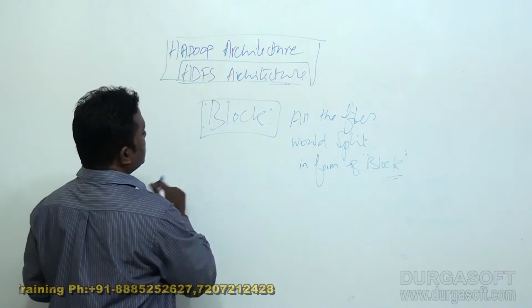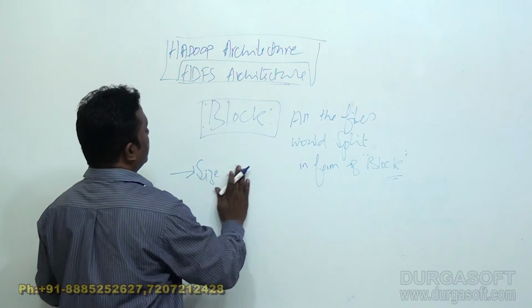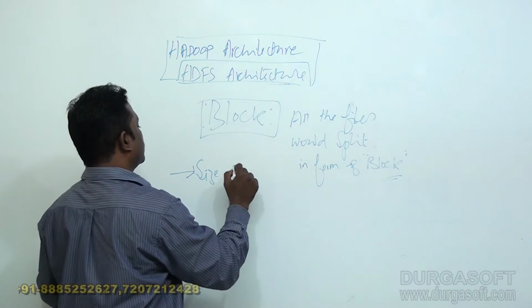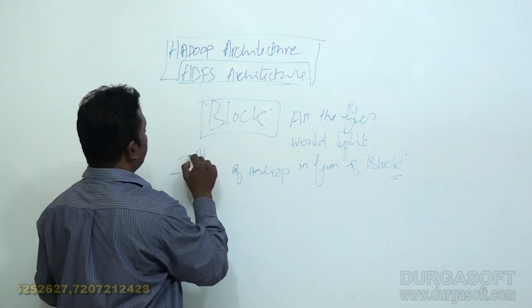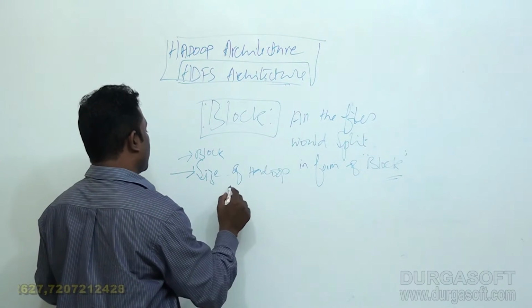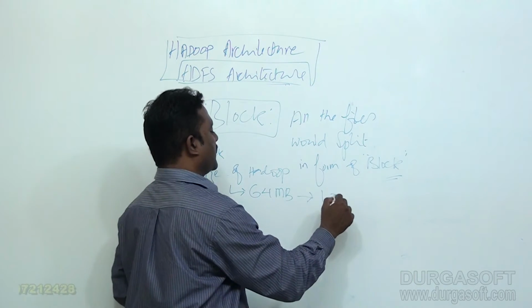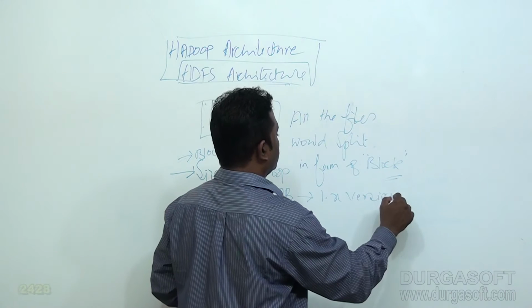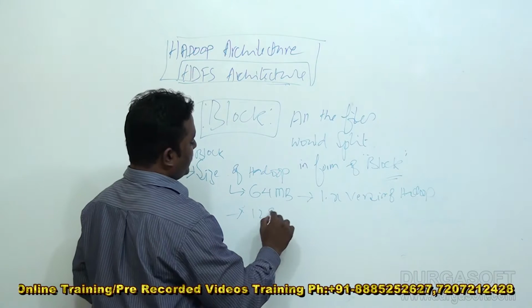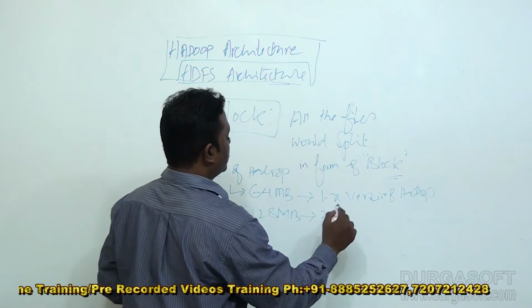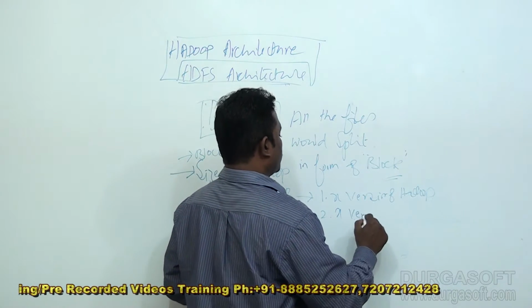Now the block size of Hadoop is 64 MB in the 1x version of Hadoop, and 128 MB in the second level, or 2x, or Gen 2 version of Hadoop.